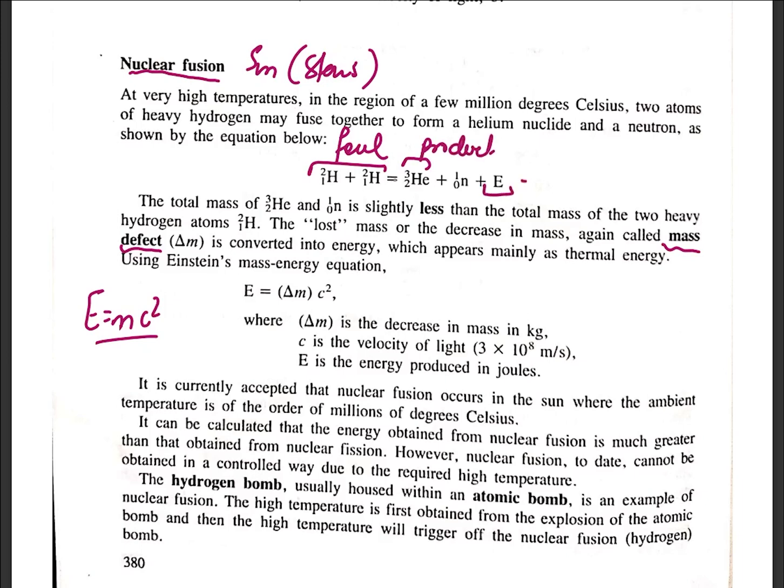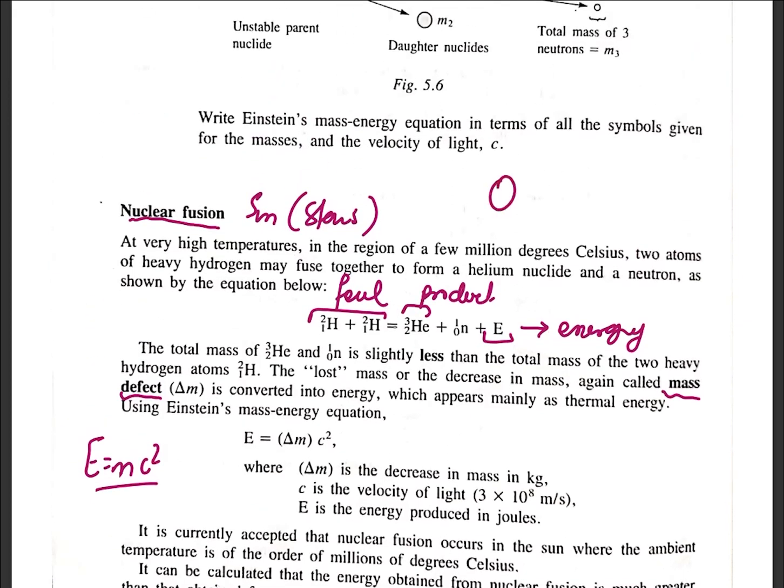And this E actually tells us about the energy. There is a lot of energy even in the single process. It's very difficult to actually carry out this reaction. Why? Because combining two nuclei together, which have the same charges on them, requires a lot of thermal energy and a lot of pressure and a lot of gravitational pull that eventually does cause these nuclei to fuse together to become helium.